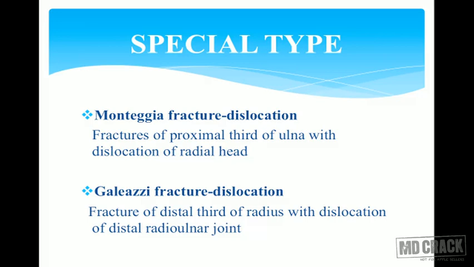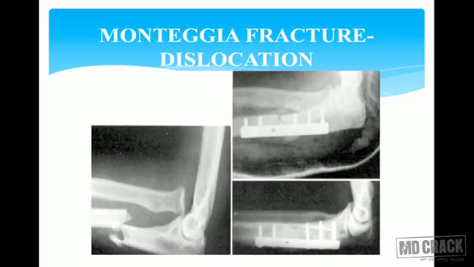Secondly is the Galeazzi fracture dislocation, where there is fracture of the distal end of the radius with dislocation of the distal radioulnar joint. So there is fracture of the radius as well as dislocation of the distal radioulnar joint, which is seen in Galeazzi. I would again urge you to go through this because it is a quite often asked question.